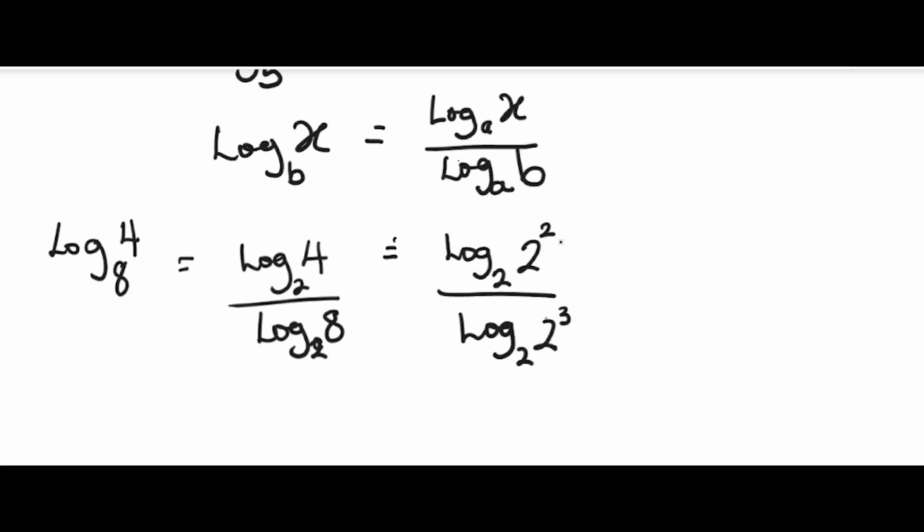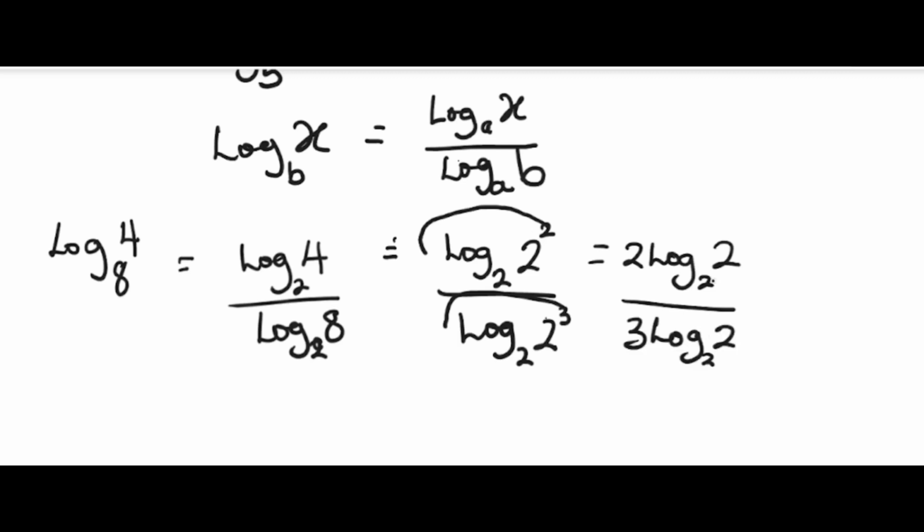So if you've seen the last video, looking at the laws of logarithm, the power law, this will come down here, this will come down here. So we'll have 2 log 2 in base 2 over 3 log 2 in base 2.